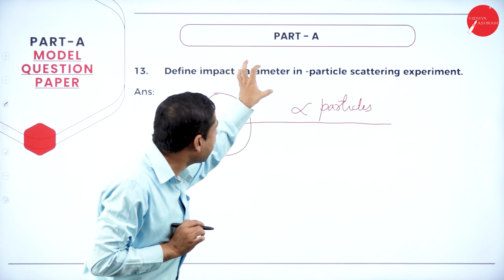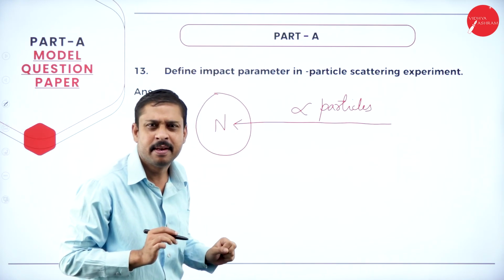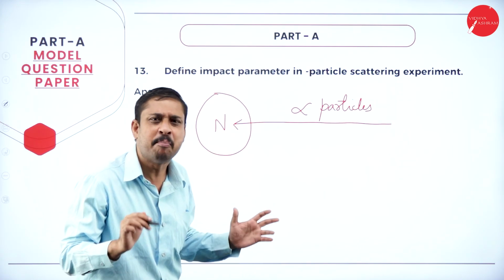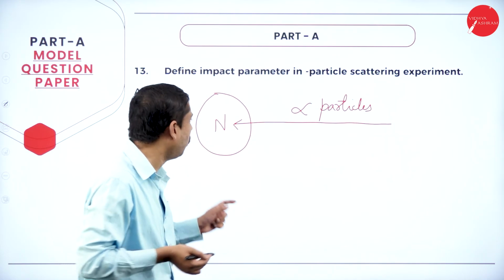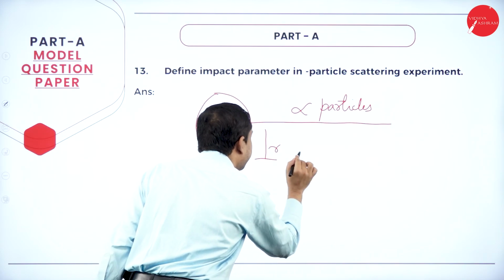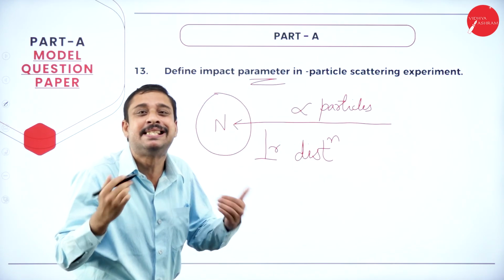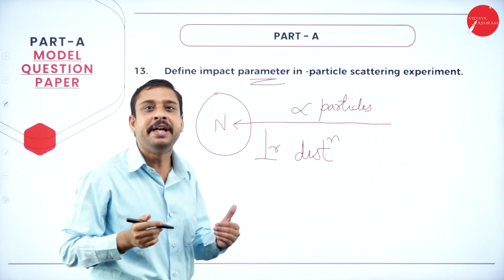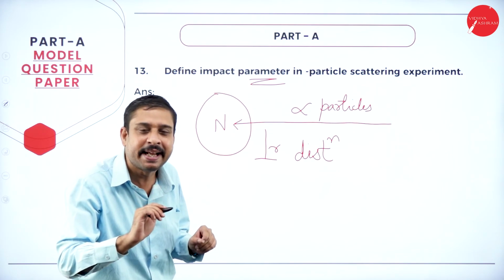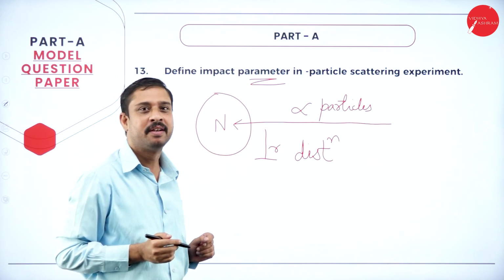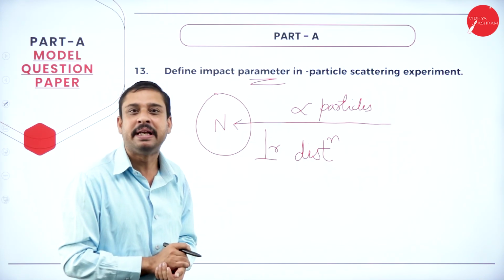Some particles may suffer collision, some pass straight. You have seen Geiger-Marsden's observations. Now, the perpendicular distance from the center, considering the initial direction of the alpha particles, is what you call the impact parameter.